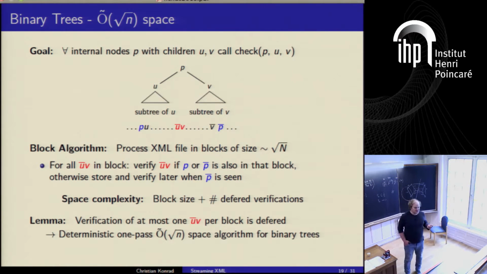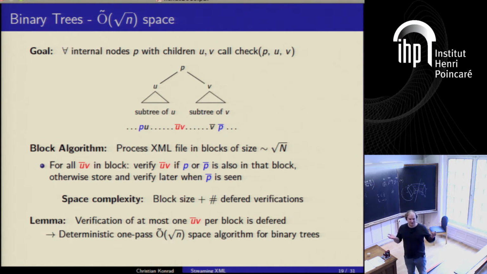Using this simple observation, we get in fact also a square root of n space algorithm. As before for the problem of well-formedness, we process the stream in blocks of size square root of n. Next, we look at all sequences where we have a U bar and a V, basically a closing tag and another opening tag in this block, and we try to validate it.